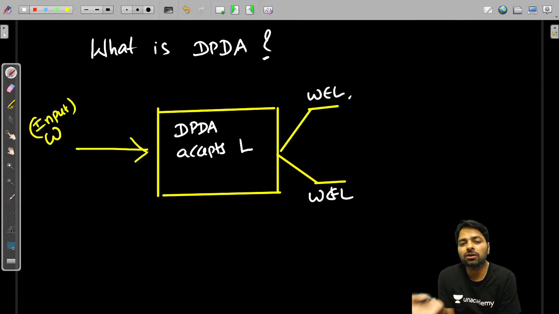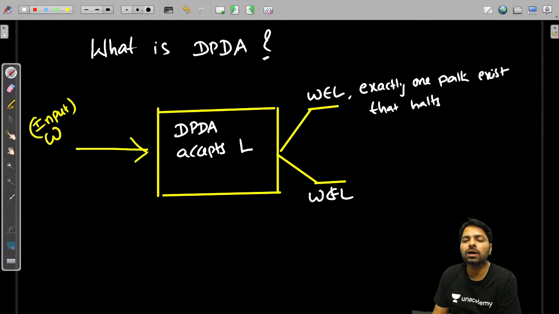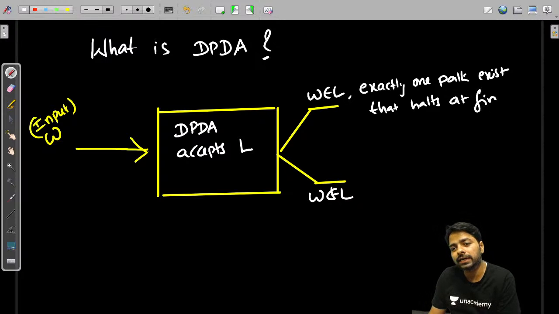Whether the stack is empty or not, I don't care. For the string, exactly one path exists that halts at final. Stack empty or not, you decide that, but definitely I should halt at final.